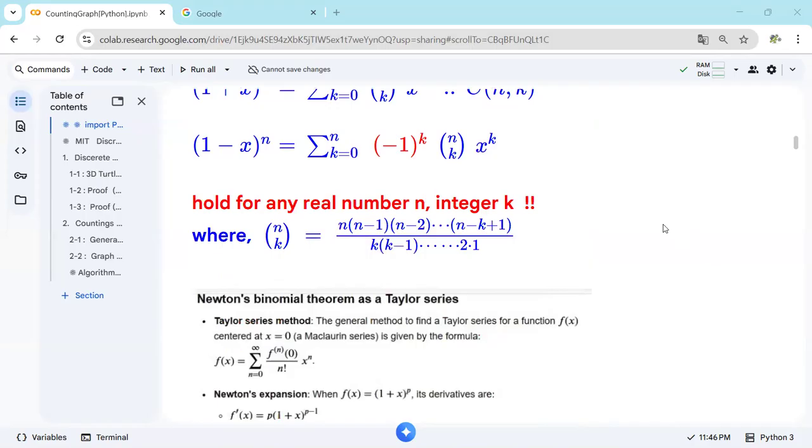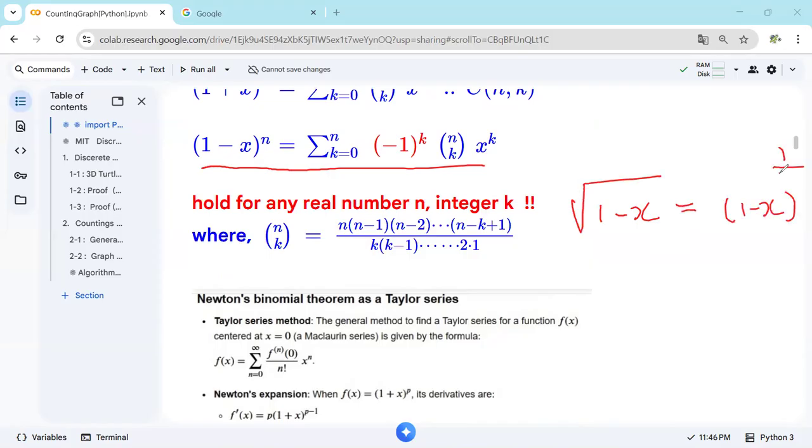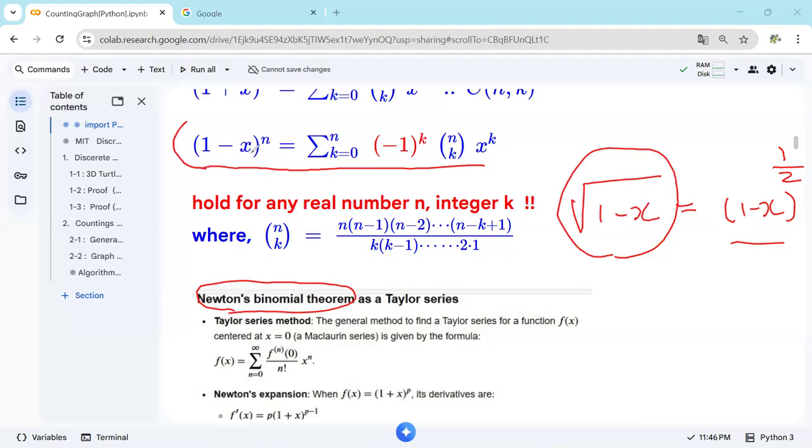Anyway, so let's see. For example, suppose this is the root, okay? This is (1 minus x) to the 1/2. So using Newton's binomial theorem, Newton found out the root of 1 minus x, that is 1 minus x to the 1/2, can be expressed as the sum of this one, okay?